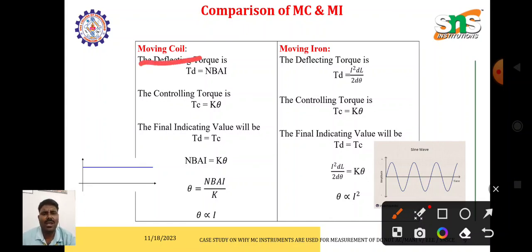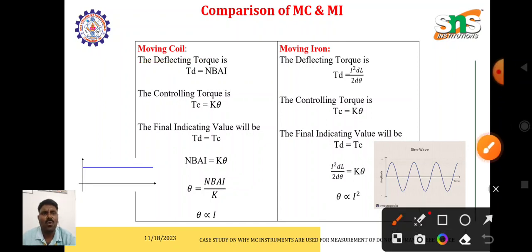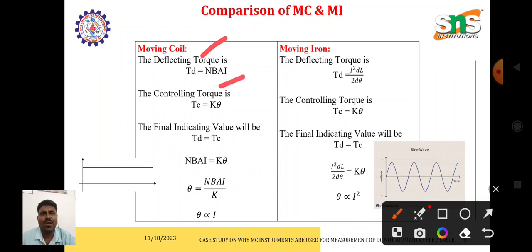For an indicating instrument, we need three operating torques: the deflecting torque, the controlling torque, and the damping torque. Here the deflecting torque is Td = NBAI, where N is the number of turns in the moving coil, B is the magnetic flux density, A is the area of the coil, and I is the current flowing through the moving coil.